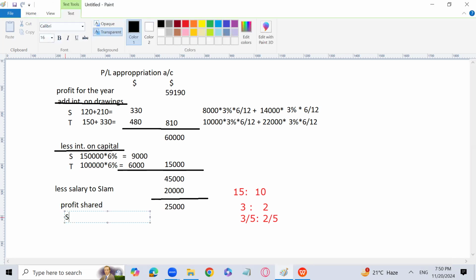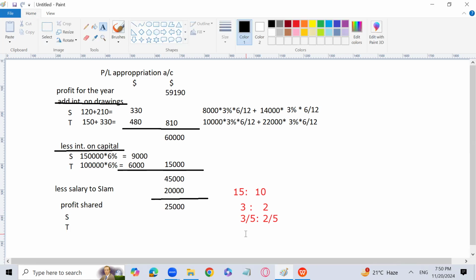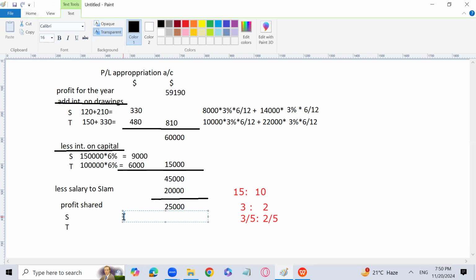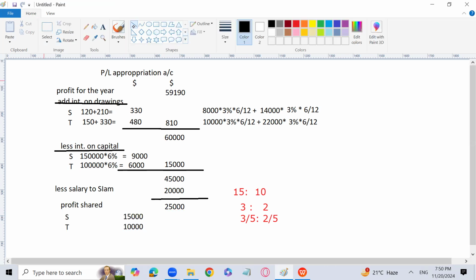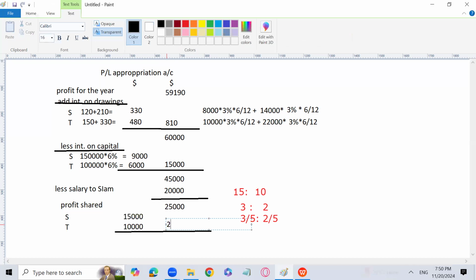So profit share for S and T will be in their capital ratio, which is 3/5 and 2/5. 25,000 into 3/5 will become 15,000, and 25,000 into 2/5 will become 10,000, and the total is going to be 25,000 for our part of the syllabus.